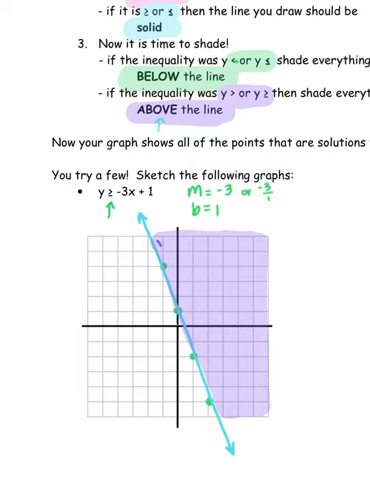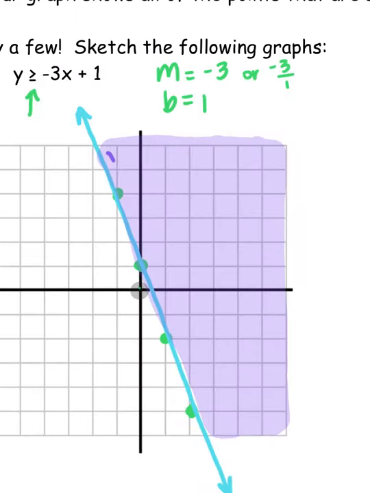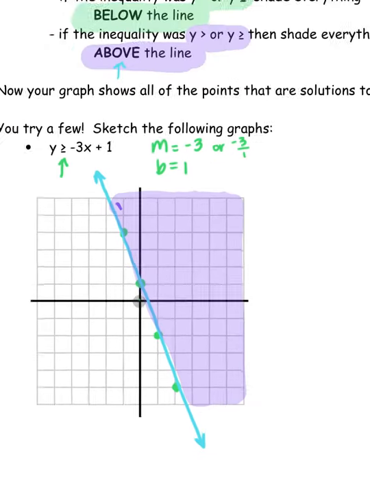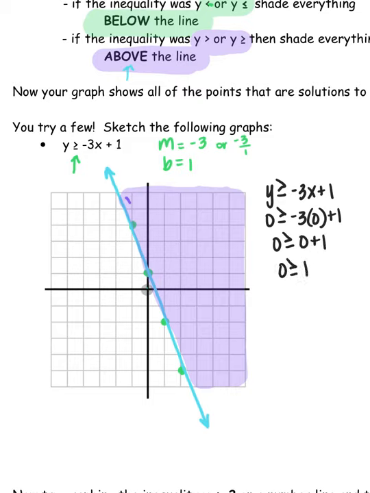Again, we can check ourselves by choosing a point either in the non-shaded or shaded region and plugging it in to see if it works. So let's try 0, 0 again. If I plug 0, 0 into my inequality, I have y is greater than or equal to -3x plus 1. 0 is greater than or equal to -3 times 0 plus 1. 0 is greater than or equal to -3 times 0 is 0 plus 1. 0 is greater than or equal to 1.